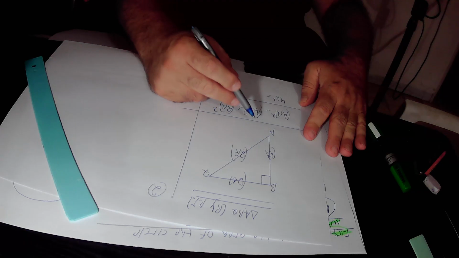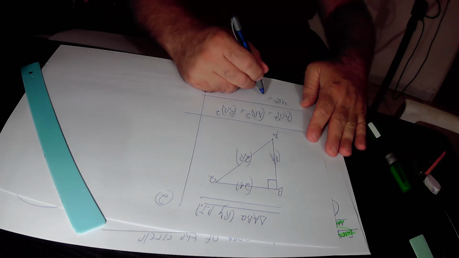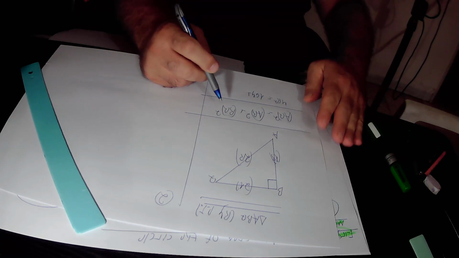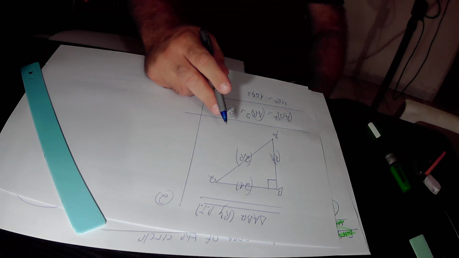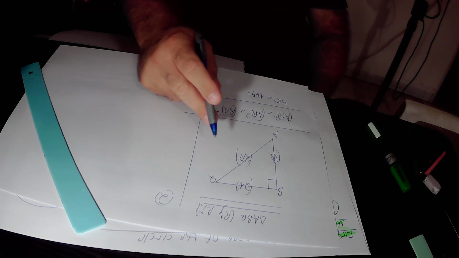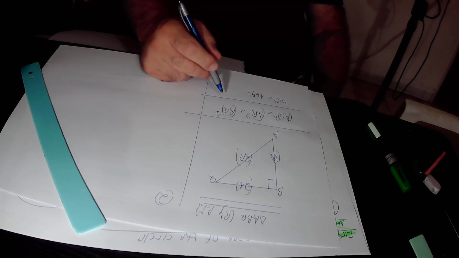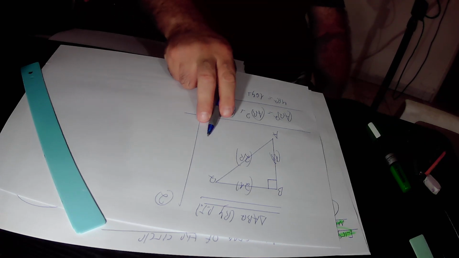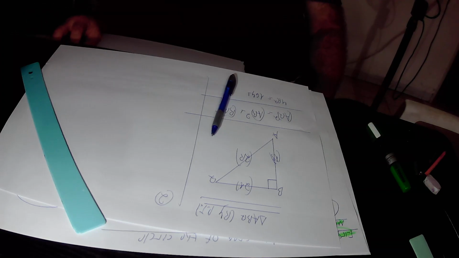AB equals 13, therefore AB squared equals 13 squared, that is 169. BQ is 21, therefore BQ squared is 21 squared, that is 441.